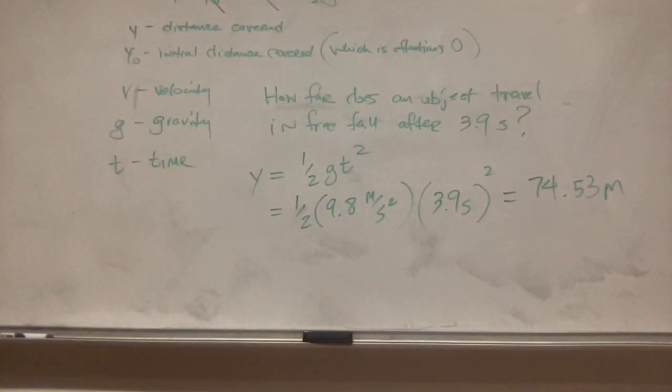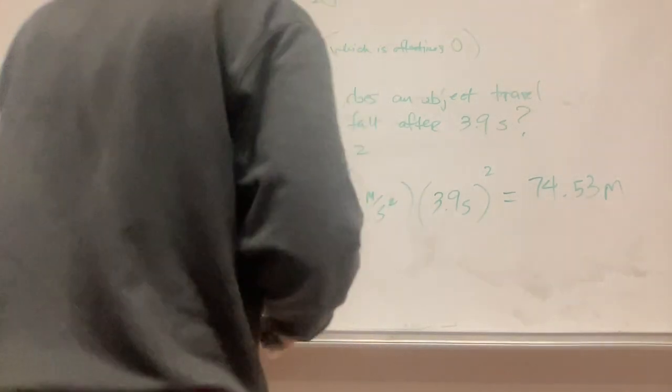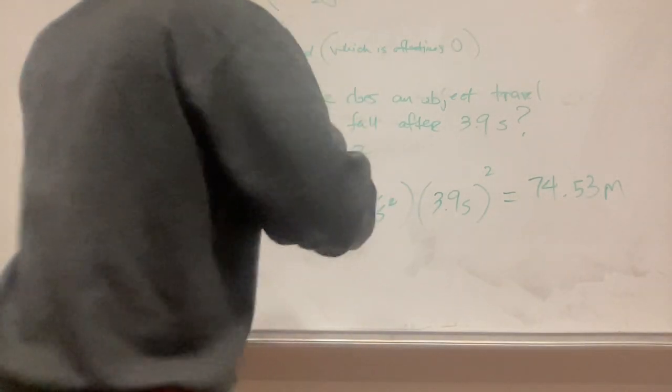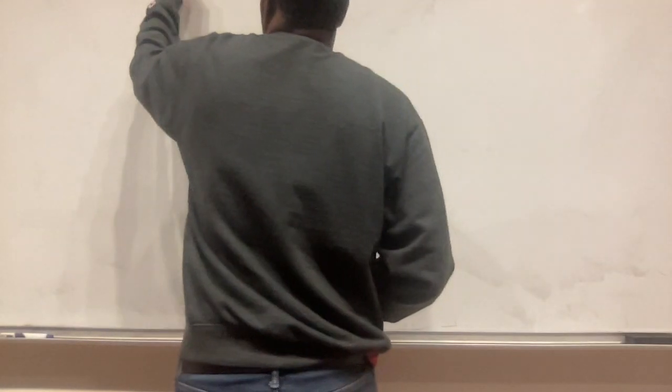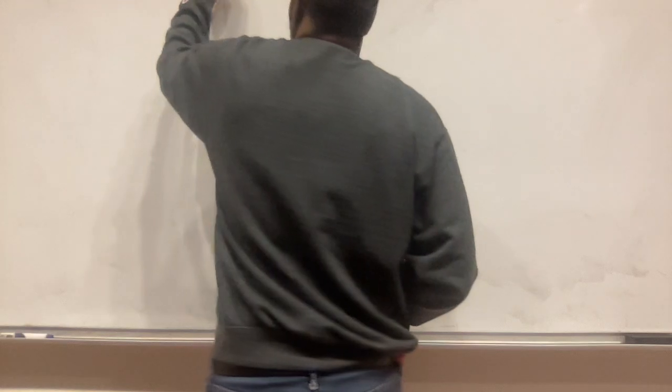All right. So that was free fall. Let's deal with something else. That was a free fall equation. There's another equation we call the golden rule.